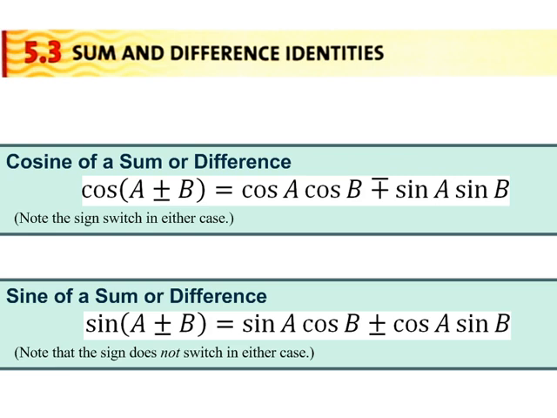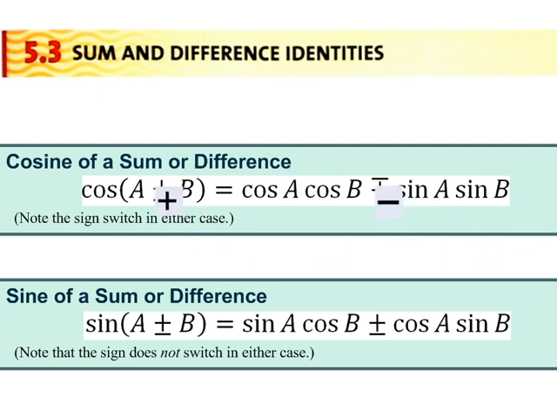Let's look at the cosine one first. The first thing you may notice is that there's a symbol here that you may or may not be accustomed to. Even if you've never seen it before, you could probably figure it out, but let's make sure we all understand that that is, unlike the plus or minus symbol, the minus or plus symbol. This is just a way of cramming two formulas into one. Here's what it means.